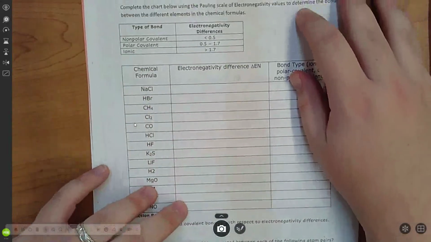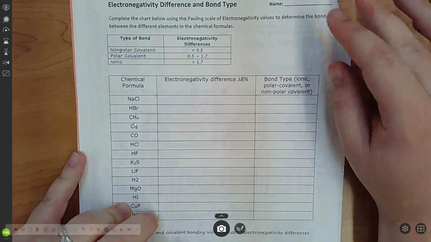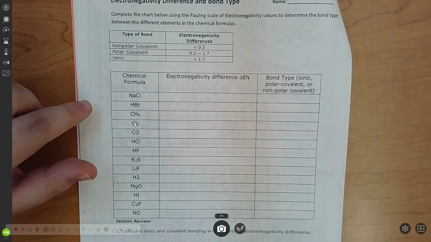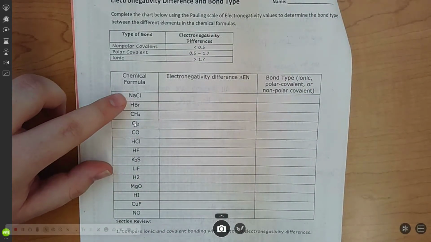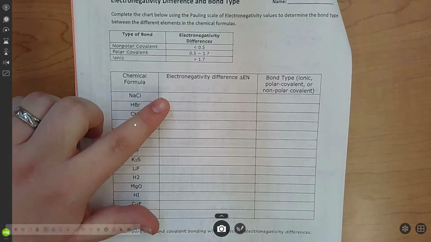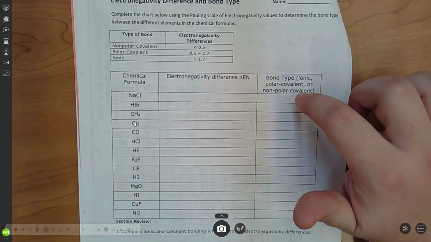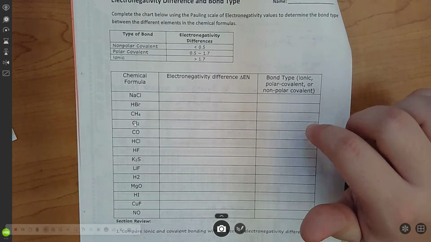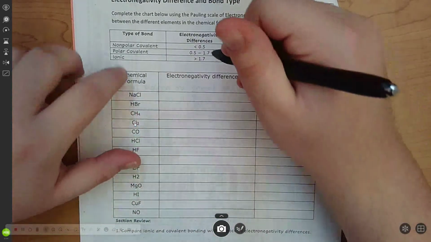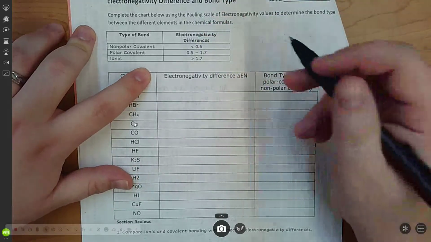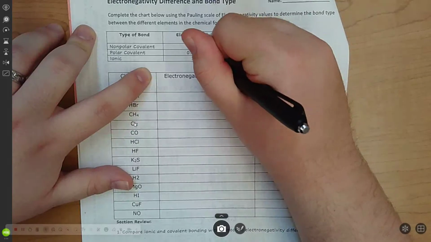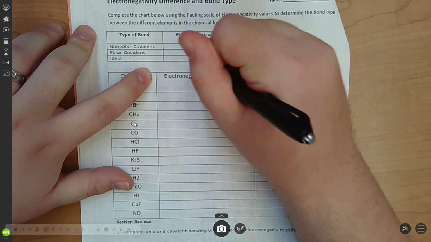So on the next page, zoom out here. Page 8, this is exactly like what we just did in the notes. So each chemical formula, you need to find the electronegativity difference and then determine what the bond type is. The only thing you need to change is this table at the top has a typo. Instead of 0.5, this should be 0.3.